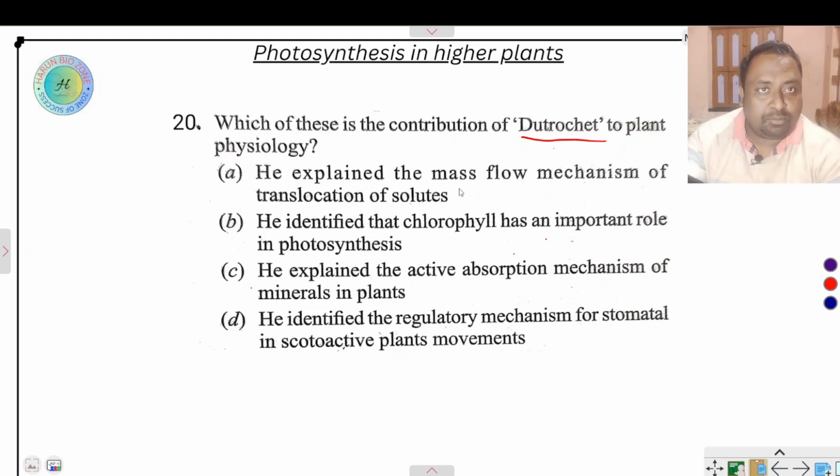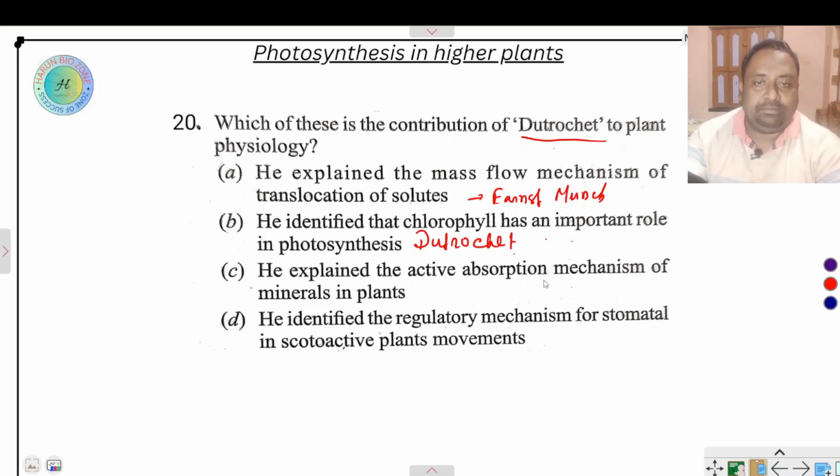This is called the mass flow hypothesis, from source to sink region. This is proposed by Ernst Munch. Okay, he identified that chlorophyll has an important role in photosynthesis. This is Dutrochet. Dutrochet says that chlorophyll is an important part of photosynthesis.